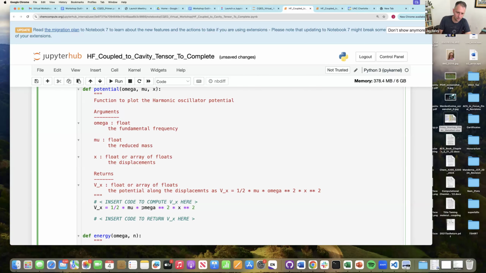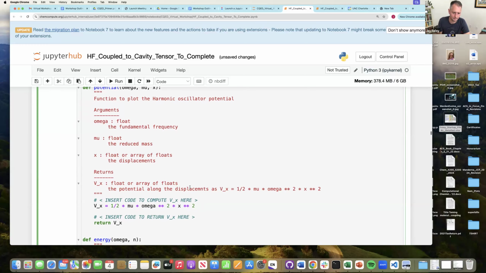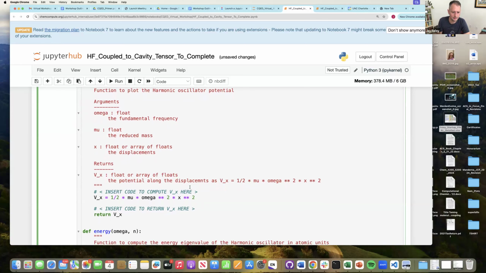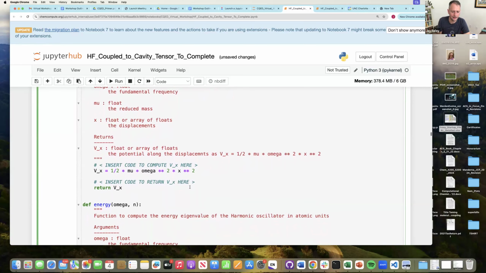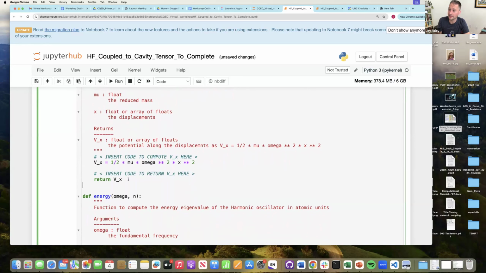So 1/2 mu omega squared x squared. Okay, and then lastly, I'll just return v underscore x. And that should be it. Okay, so that's the potential.